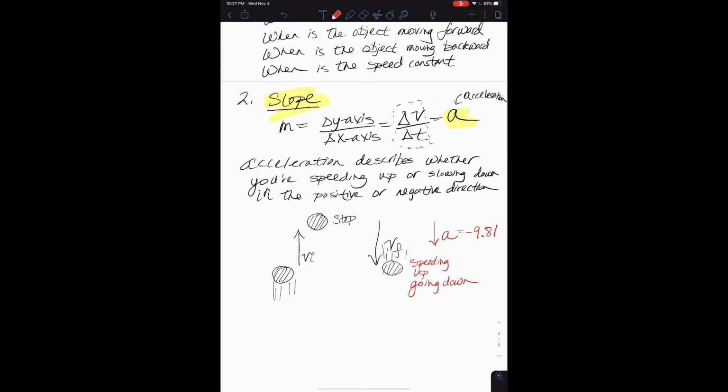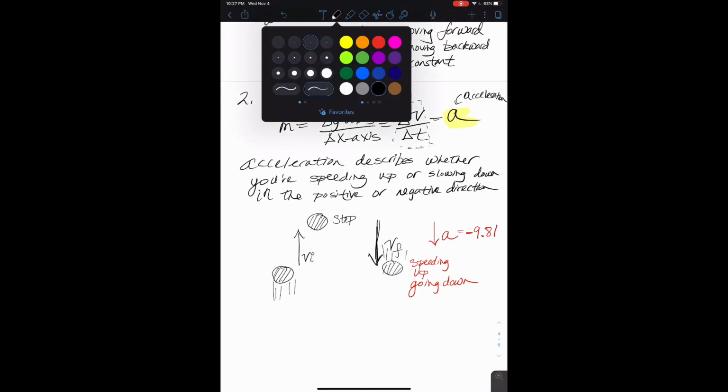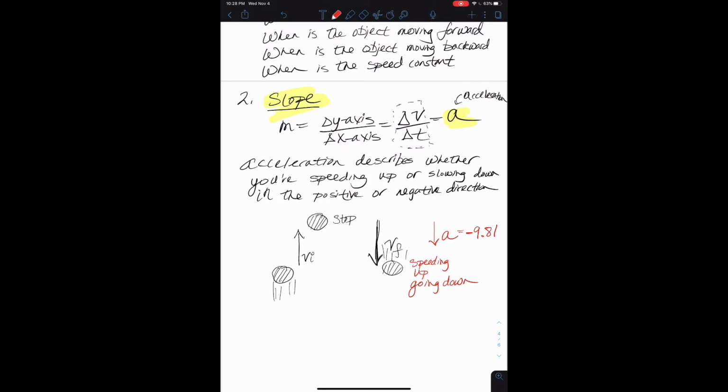So what I'm trying to show you is that negative acceleration, negative 9.81, is the same as when the ball is traveling down. It's moving downward. You can see this velocity. It's moving downward and speeding up. But negative acceleration also occurs when the ball travels up. So negative acceleration, or acceleration downward, also occurs when the ball travels up and slows down.